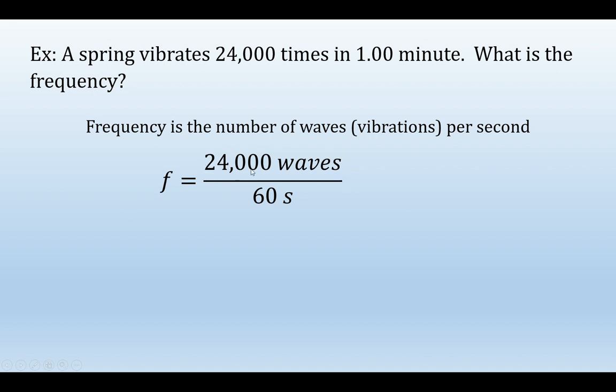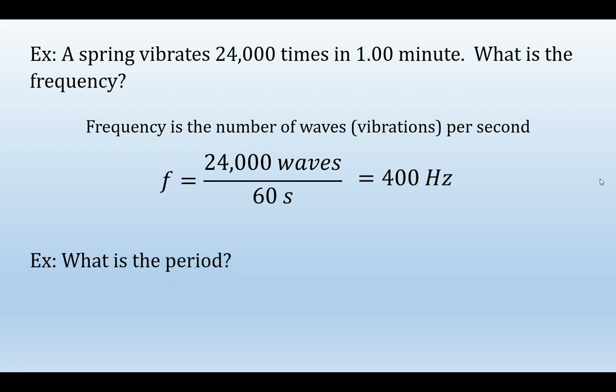So if we have 24,000 waves going by in 60 seconds, we're going to take that 24,000 and we're going to divide it by 60. And that's going to give us a frequency of 400 hertz. So if we were to measure how many waves go by in 1 second, it would be 400. And that's the frequency.